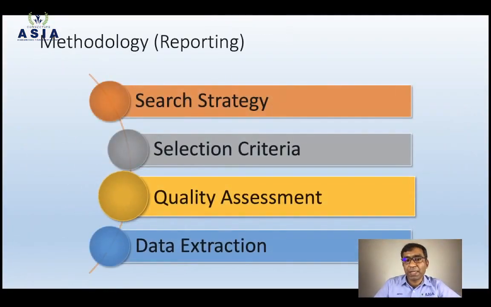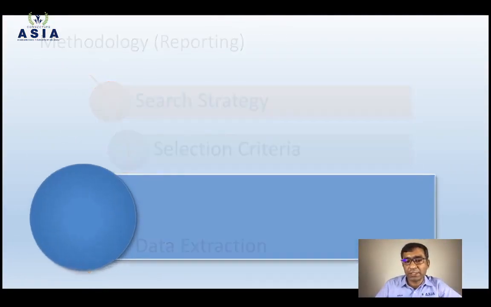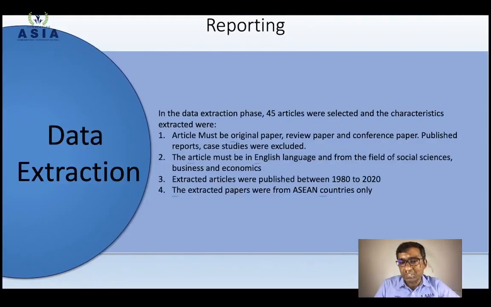And then finally, data extraction. You need to tell what exactly was extracted and how many articles were included in the final search. Here I mentioned that 45 articles were extracted, but based on peer review, original papers, review papers and published conference papers, reports and case studies were excluded.